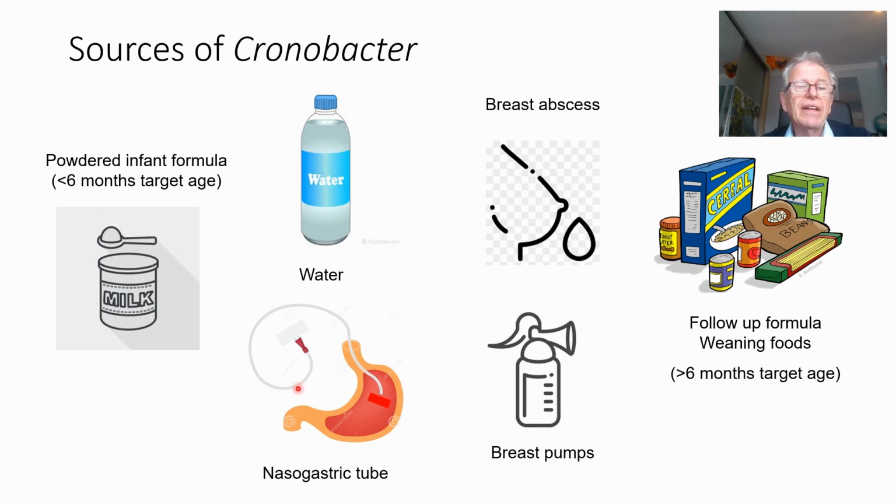It's been found in the nasogastric tube, because bear in mind these infants are often premature, so they don't have the suckling reaction, so they have to be fed by nasogastric tube. And infants not fed infant formula have been found to have Cronobacter in the nasogastric tube. It's found in breast abscesses, found in breast pumps, and it's found in follow-on foods, weaning foods, follow-on formula, which is where the target age is over 6 months.